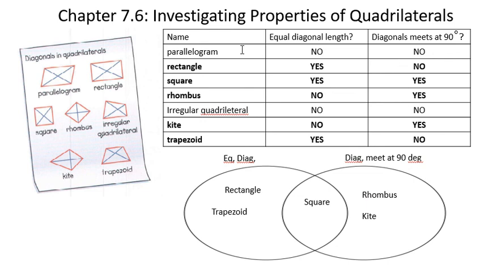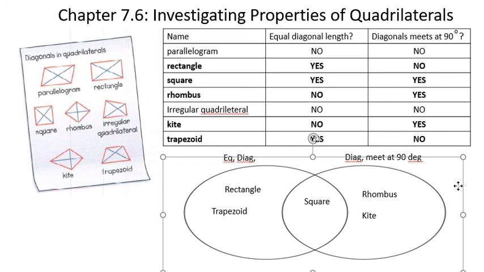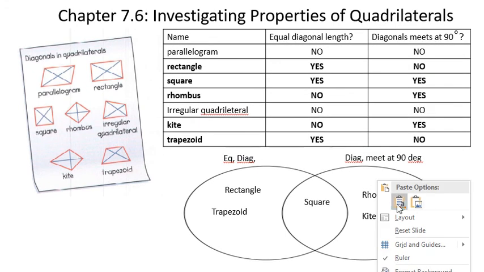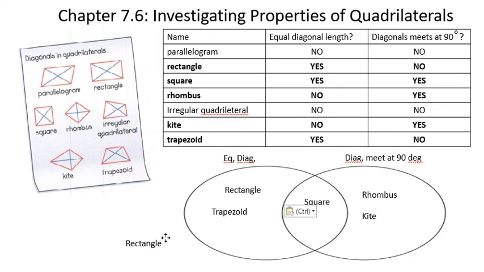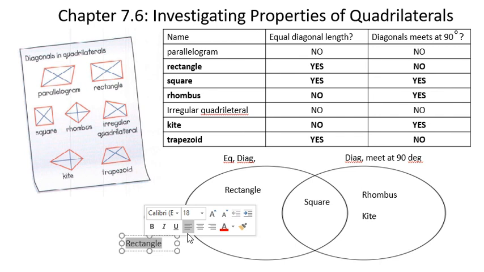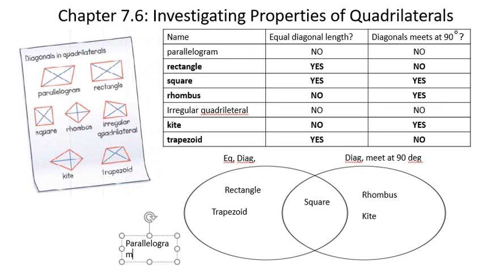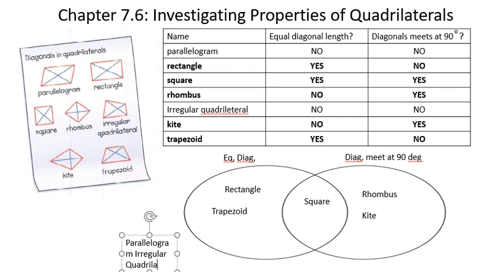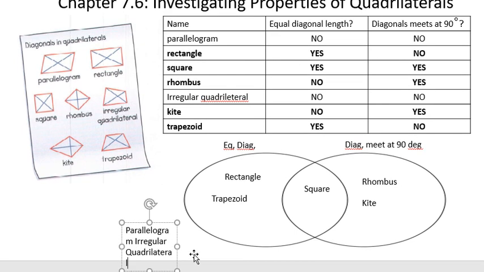And the answer is no, as both the parallelogram and irregular quadrilateral both say no. So outside of the circles, we can add the parallelogram and the irregular quadrilateral. Both.